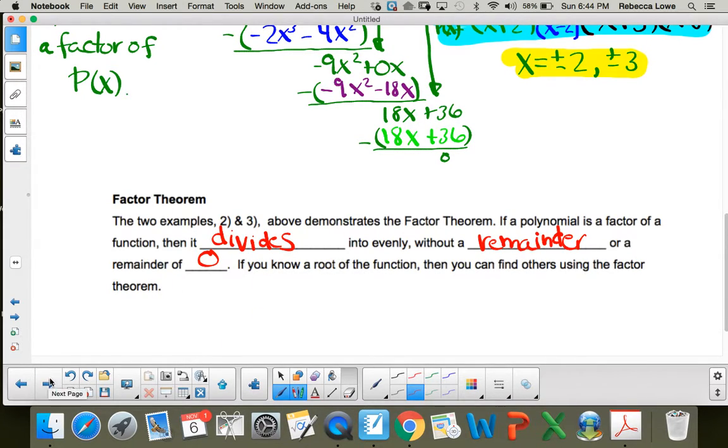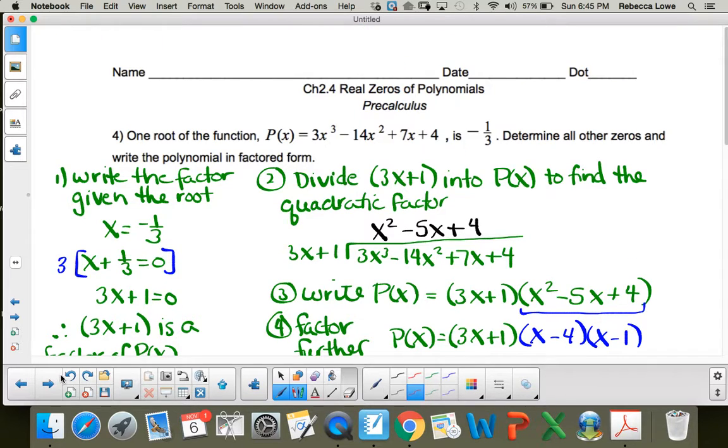We're going to be given the root, and then you're going to write the factor. So in number 4, which I've worked through most of it, but you can pause it at any time and analyze a little bit more, they tell you the root. They tell you a solution right here.